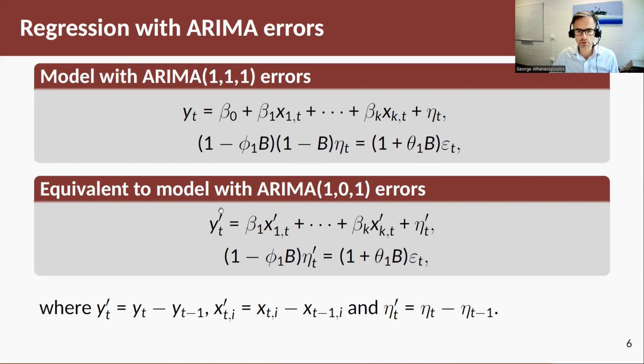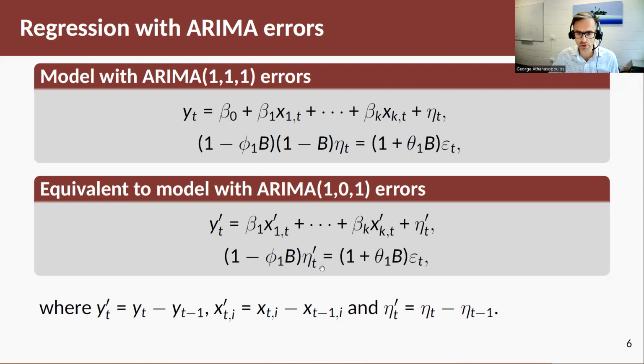So what we do is take differences of the first equation. Instead of y t, we have y t dash, the difference of y t, which is equal to y t minus y t minus 1, as shown here. We difference all the x variables, making sure we use the same order of differencing, and we difference the error process, so eta t dash is equal to eta t minus eta t minus 1.